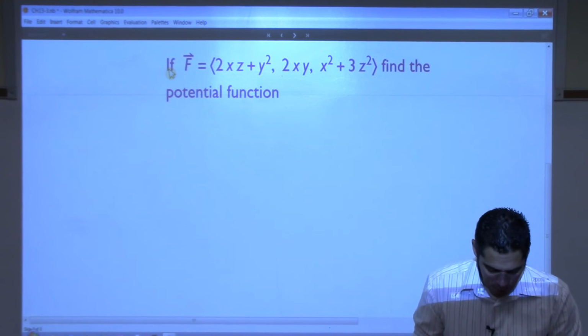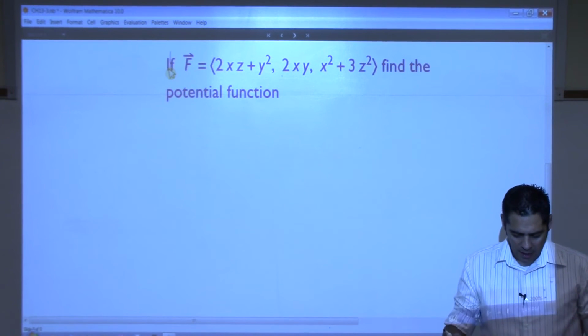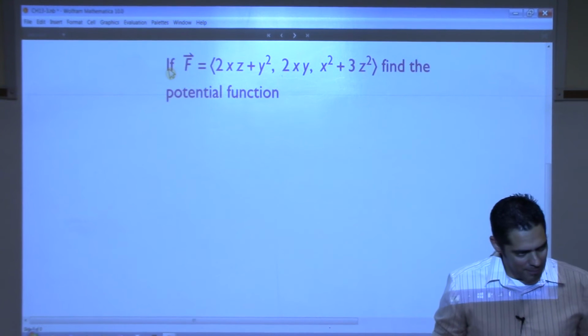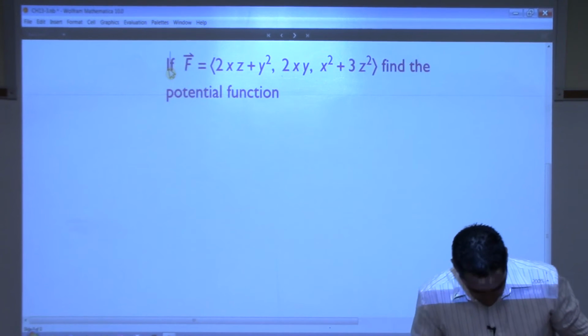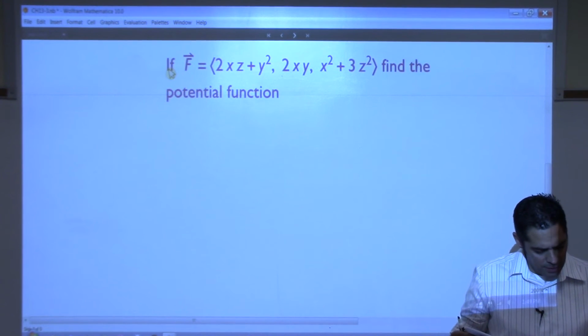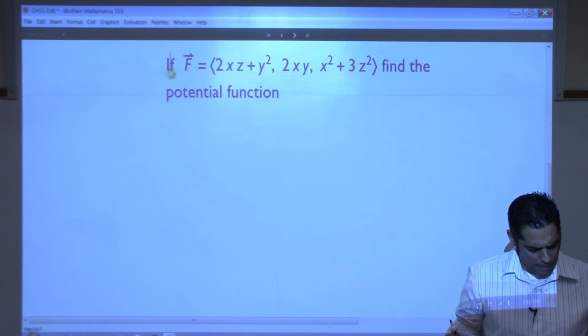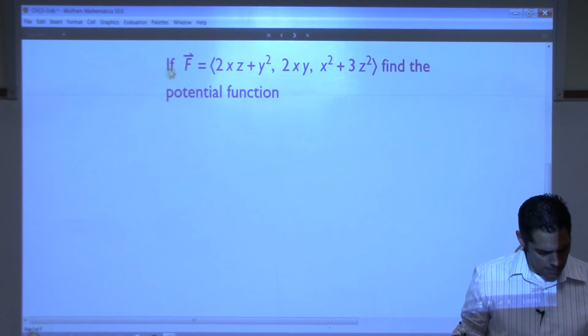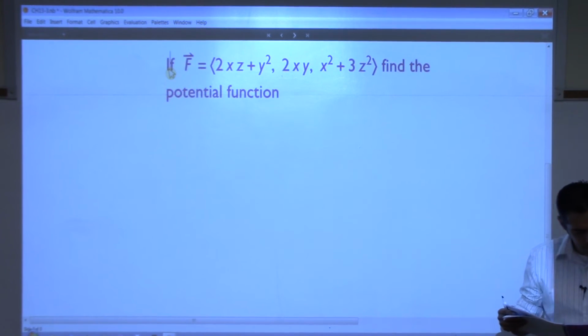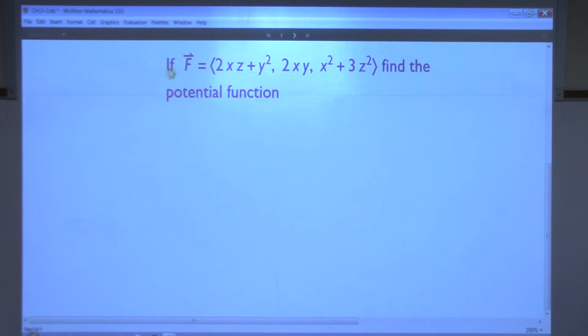The process is the same, but we've been kind of getting lucky that these functions aren't mixed up. They keep on getting cleaner as we go back. They may get a little uglier. All right, this one might work out.